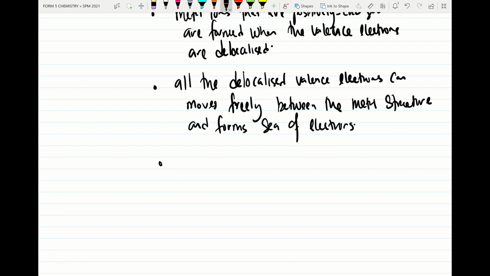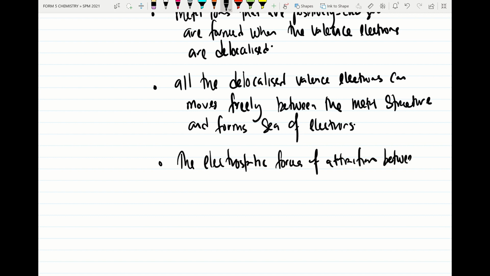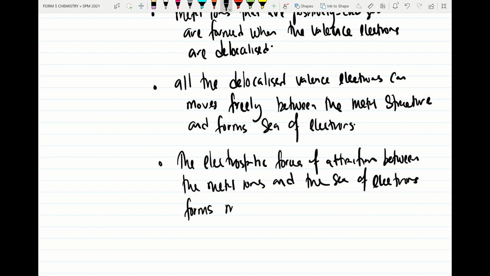All right, so last point, we go for the electrostatic forces of attraction between the metal ions and the sea of electrons. All right, this forms metallic bonding.